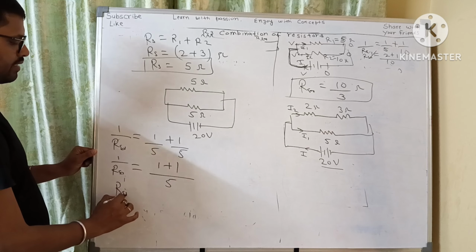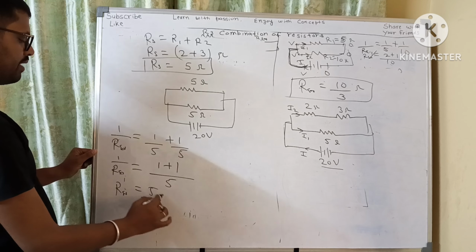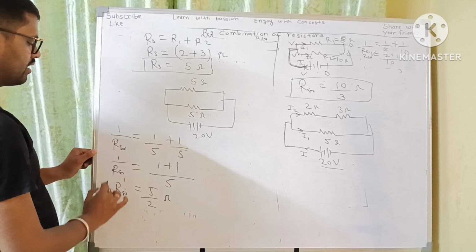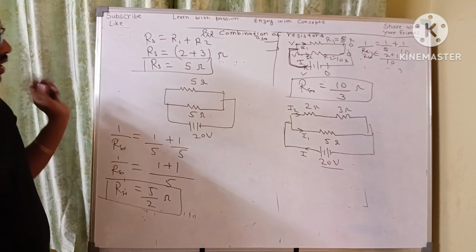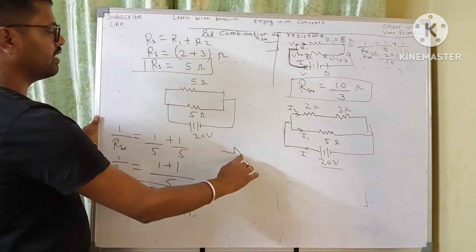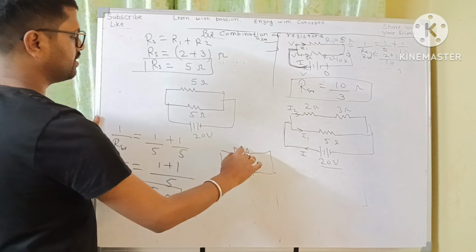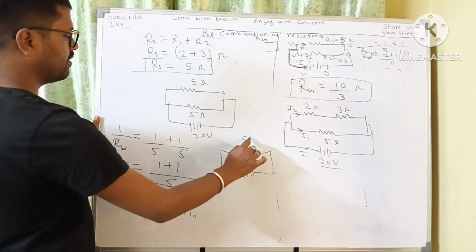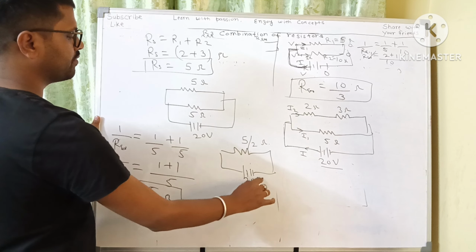What is R equivalent? 5 by 2. So we got 5 by 2 ohm as R equivalent. Now we can draw the R equivalent circuit. This is total R equivalent of 5 by 2 ohm and voltage is 20 volt.